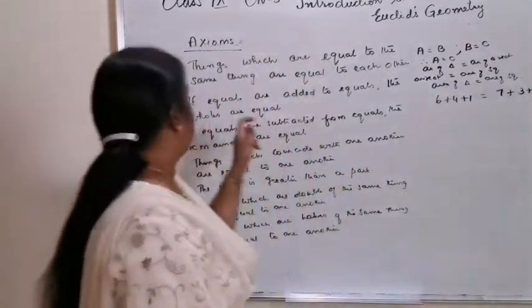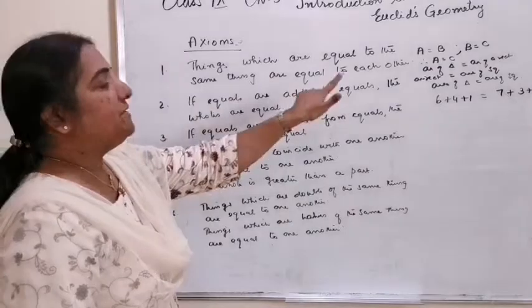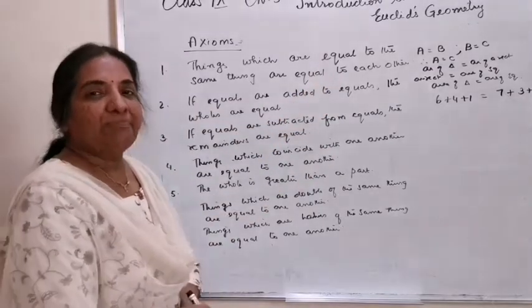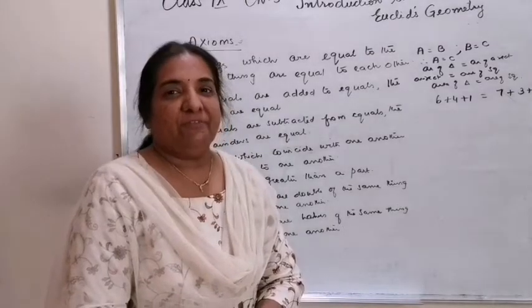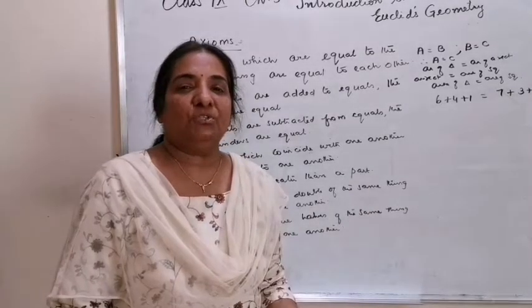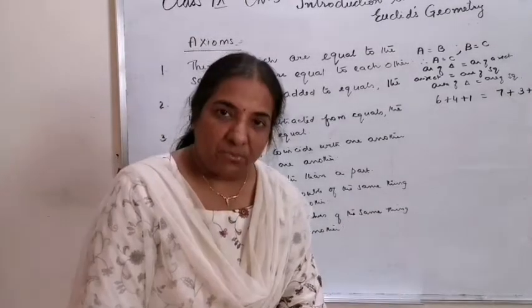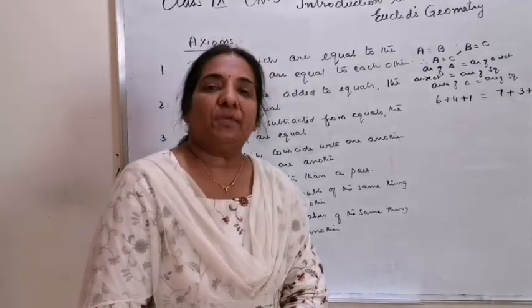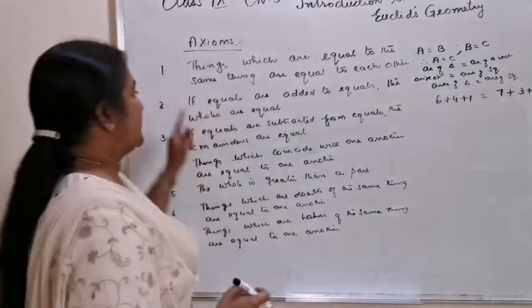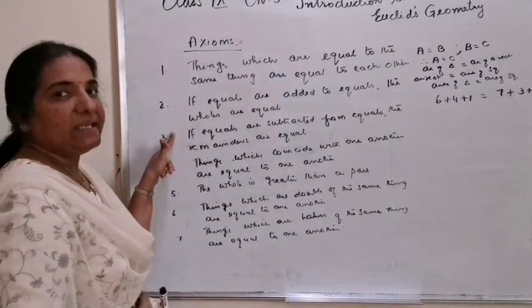That is the meaning. If equals are added to equals, actually we are doing this for algebra. If you want to add 1 on both sides or subtract 1 on both sides when an equation is given to you, you can apply this axiom.